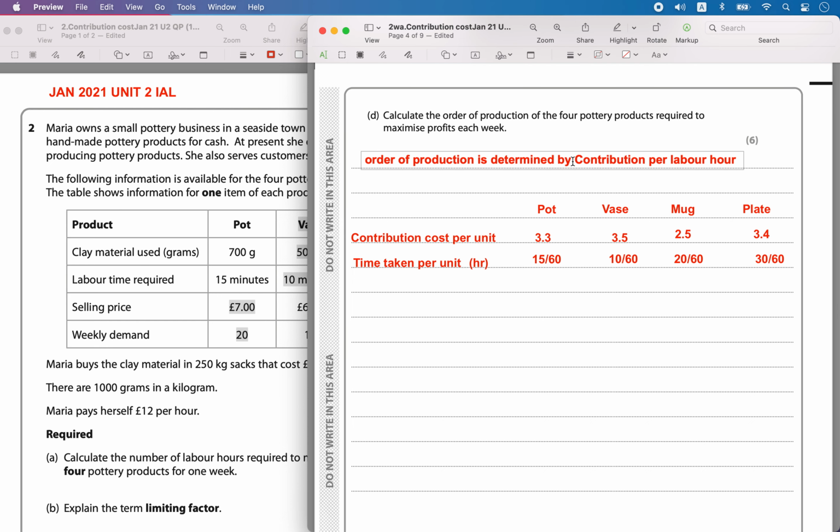Now we have to calculate the contribution per labor hour, because that is the constraint, and based on that we have to order.